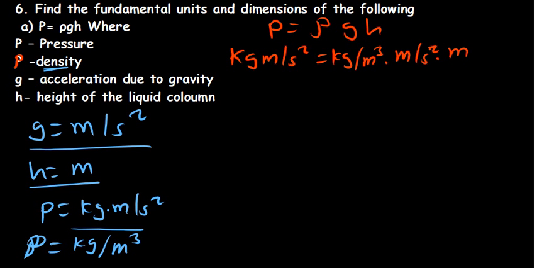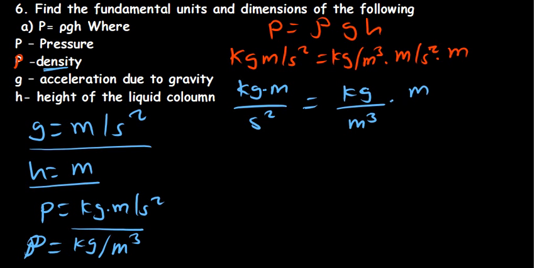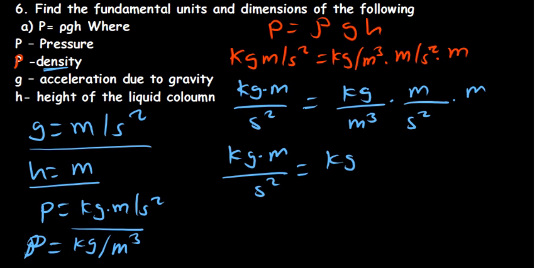This is the same as kg times meters divided by s squared, equal to kg divided by m to the power 3 times m, then divided by s to the power 2, times again m. I can also rewrite this as kg meter divided by s squared, then meter and meter give m squared. So I'll have kg m squared divided by m to the power 3 times s to the power 2.